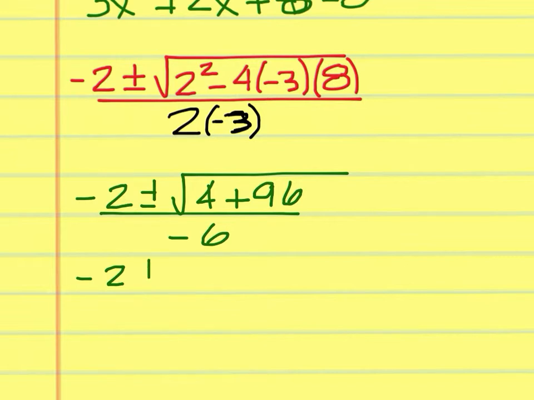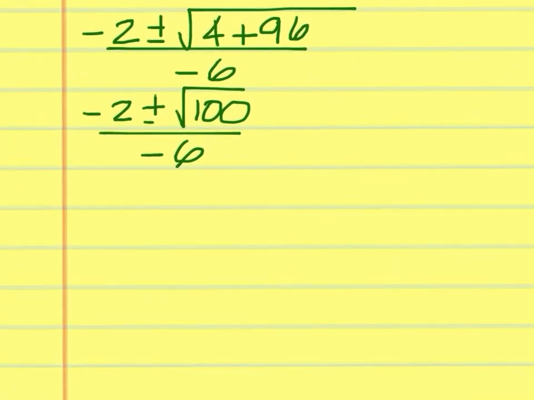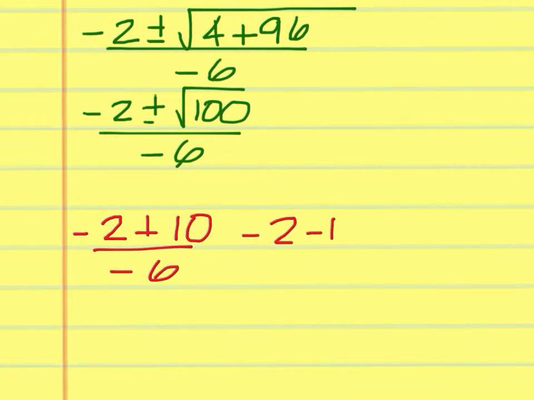So negative 2 plus or minus the square root of 100 over negative 6 is going to break up into two problems: negative 2 plus 10 over negative 6 and negative 2 minus 10 over negative 6.